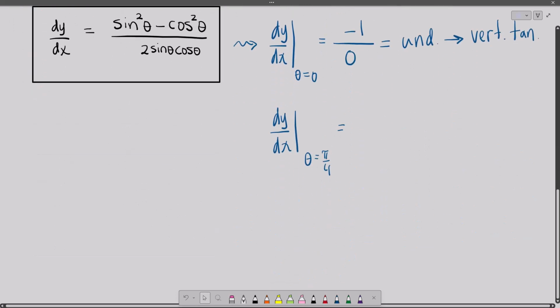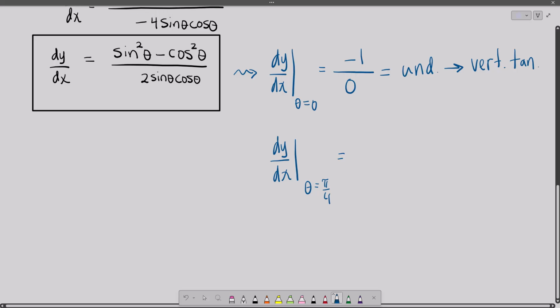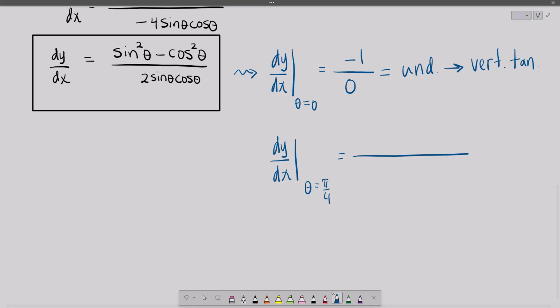If we plug in pi over 4 into this messy looking equation here, sine of pi over 4 can be written as root 2 over 2 or 1 over root 2. Those are the same things. In this case, it's a little easier to think of it as 1 over root 2 because then you're squaring it and you just get 1/2. So we would have 1/2 minus 1/2. Sine and cosine are both 1 over root 2. So all right, the numerator is 0.